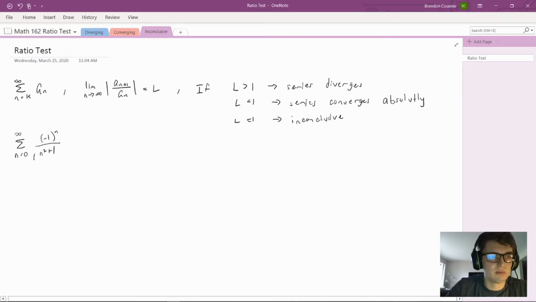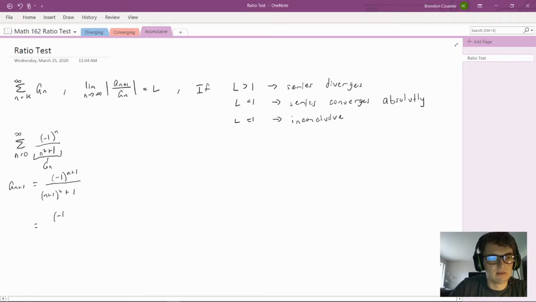First thing I'm going to do is point out my a of n term, and then write out the a of n plus 1 term. This is going to be negative 1 to the n plus 1, all over n plus 1 squared plus 1. Then we're going to simplify this. There's nothing we can really do to the negative 1 to the n plus 1. We can pull out that extra 1 that's in the exponent, but we'll do that later.